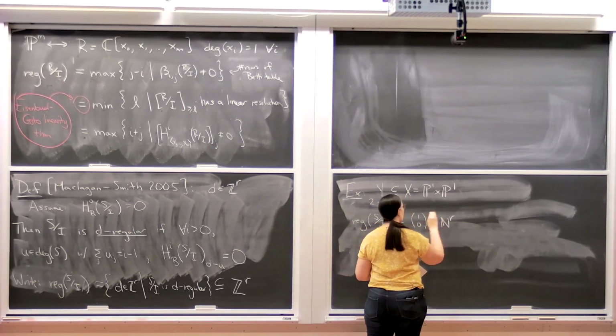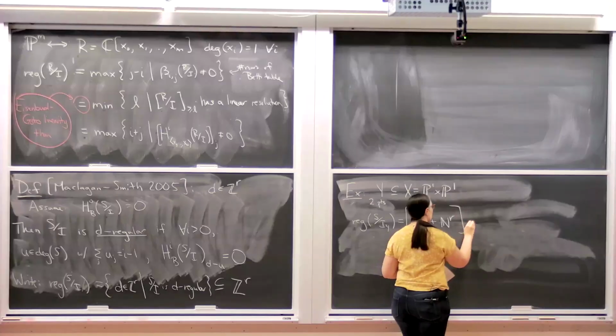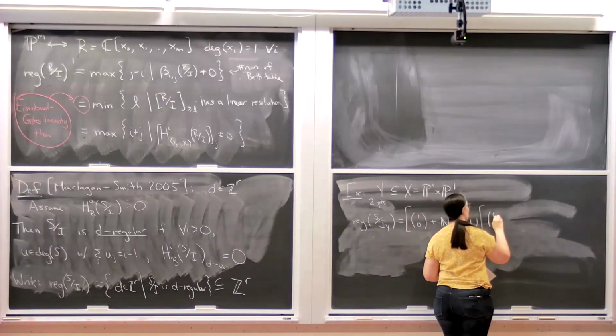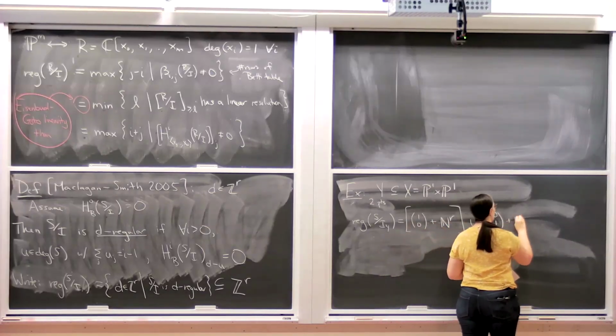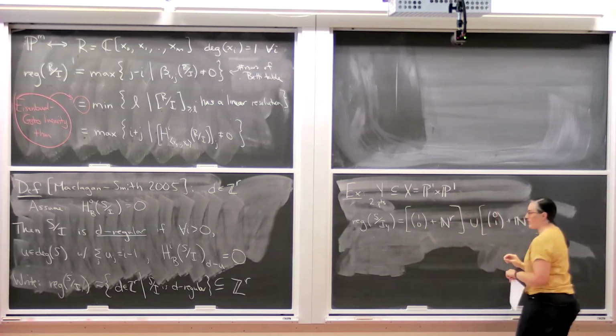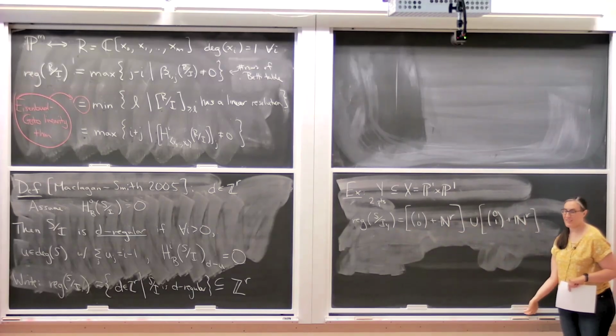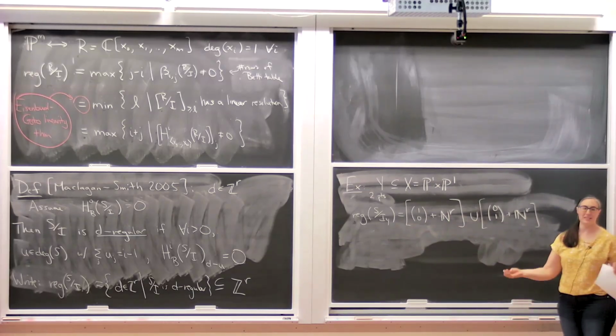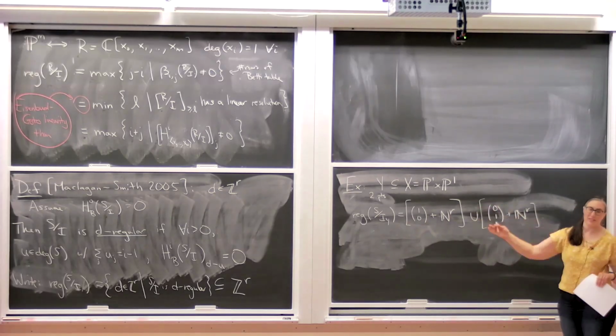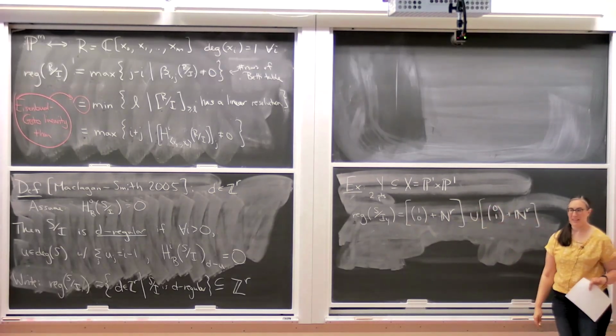Right, so the degree set of S is just the orthant. Right, there's no way to know this without like doing a bunch of computations, right? So I'm giving you some of these so you can like see what they look like. And this should feel mysterious, and that's okay for right now.